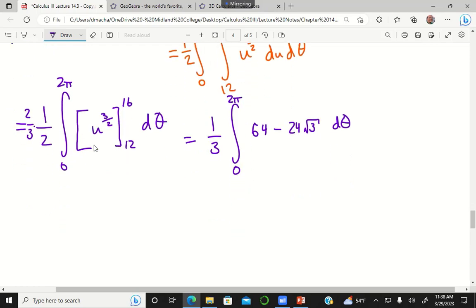There's no thetas here, so integrating with respect to theta is going to be really easy. We would just take the antiderivative and multiply the whole thing by theta, and then we plug in 0, and that would make the whole thing 0, or plug in 2 pi, and that just means we multiply everything by 2 pi. So this is going to be 2 pi over 3 times 64 minus 24 root 3.